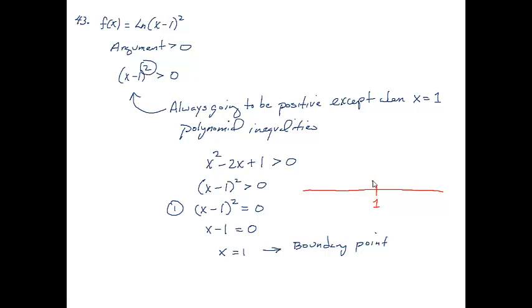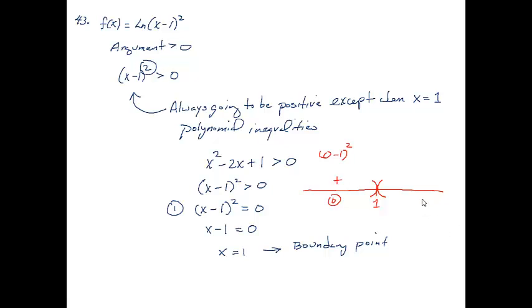And remember, you open a parenthesis facing to the left and to the right. And what you did is you picked values out of here and plugged them right back in there to see if they gave you the positive or the negative. So let's pick 0. It lives over here. 0 minus 1, whole thing squared, is going to become positive.